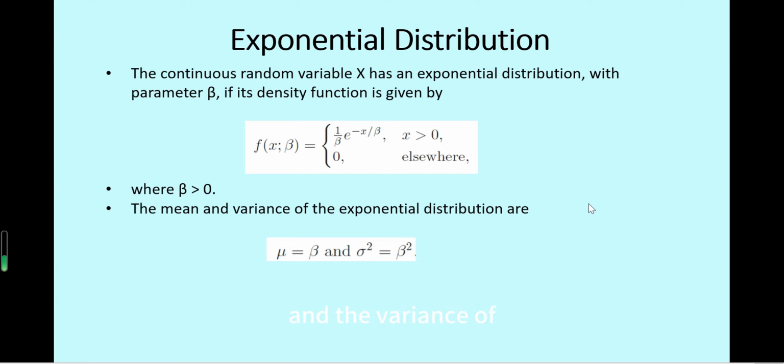And the variance of an exponential distribution is beta squared. And it is also that exponential distribution for the random variable only for the positive. Otherwise, for the negative and 0, it is 0 for the probability density.